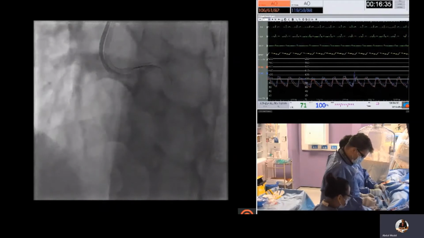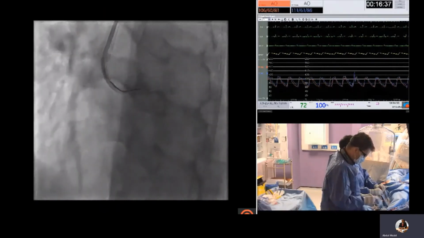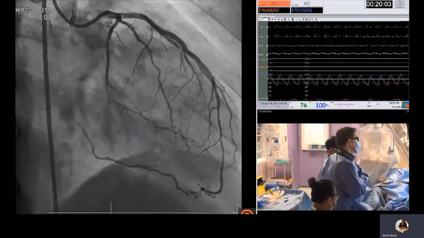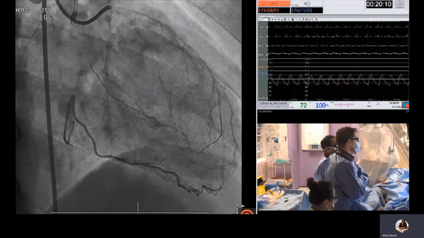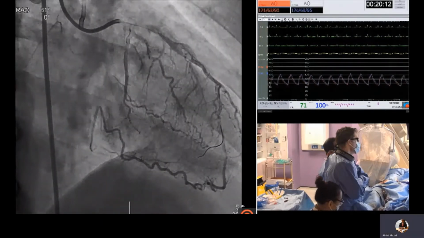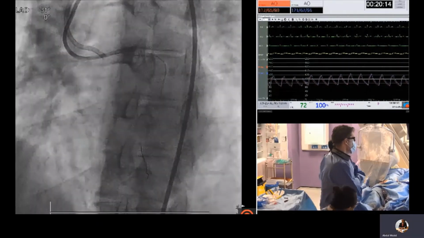This was not easily doable. So rather than persist and waste time and effort trying this, we elected to go directly to a retrograde procedure, given that we would probably require to go retrograde anyway to clarify the course of the vessel.